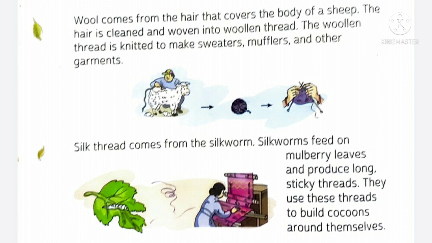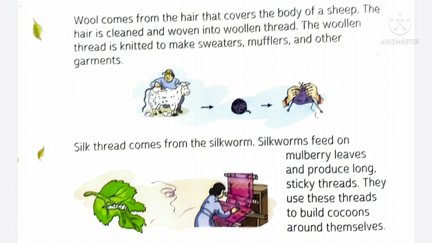Like we use cotton from the cotton plant, and then threads are made, and shirts and t-shirts are made. From sheep we get wool, and then that wool is woven into sweaters and all. In the same way, the silk thread which we get from silkworm is woven to make saris, scarves, and many other things.